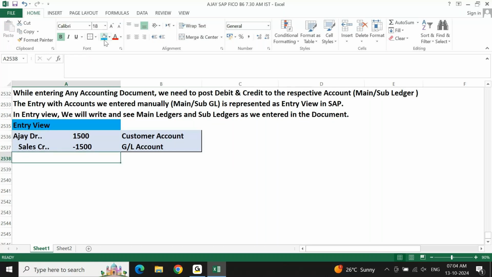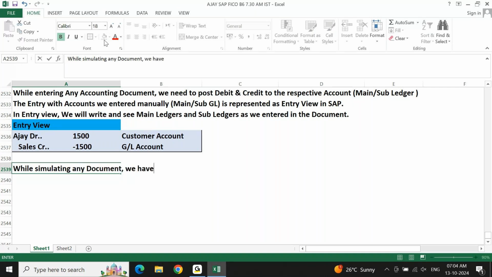Next view, we had something called, while simulating any document, we have another option called general ledger view.